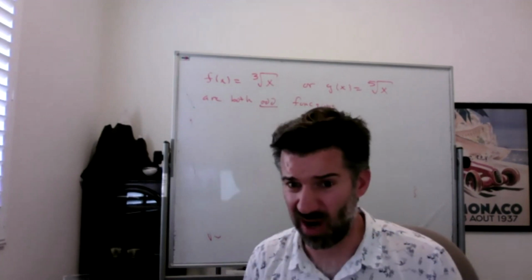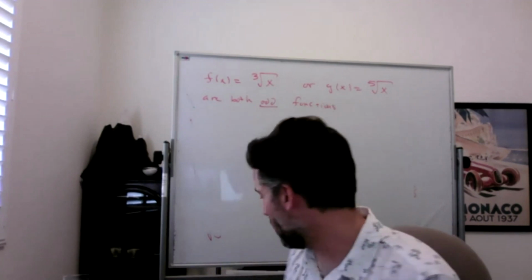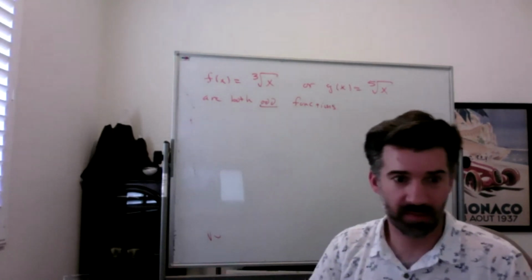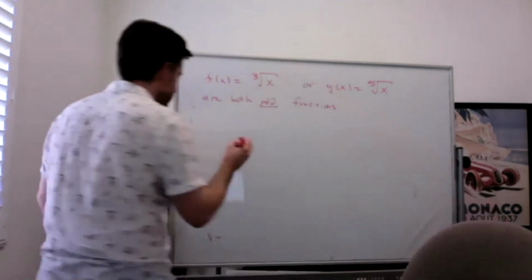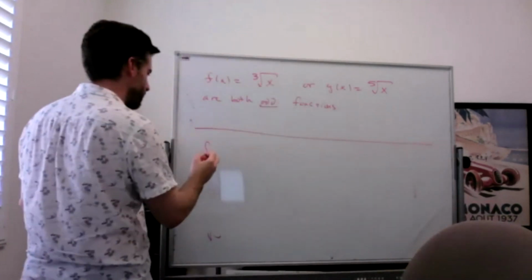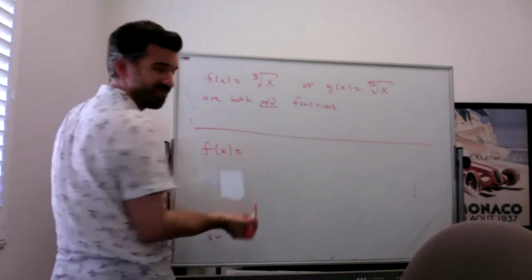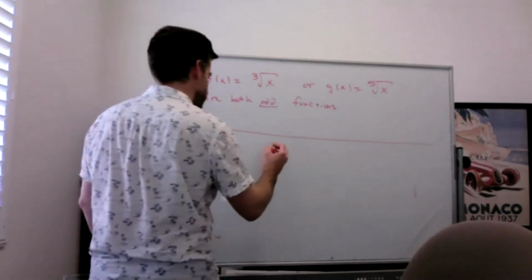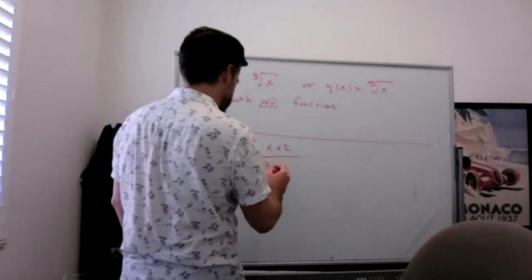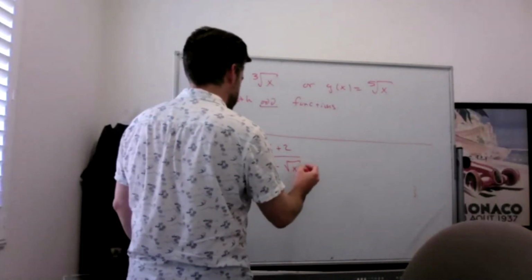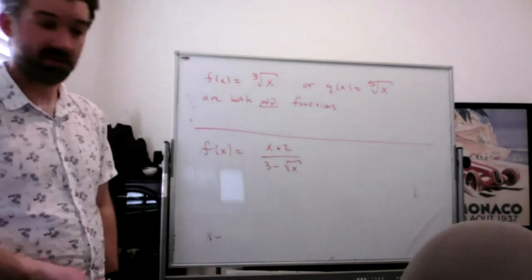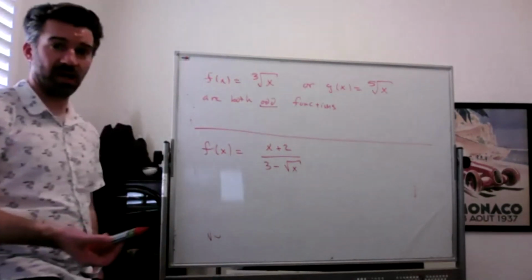Domain can get a little more complicated when we start kind of throwing things together. For example, if my function was something like, I don't know, x plus 2 over 3 minus the square root of x. Now I've got kind of a couple different domain issues that could come up.